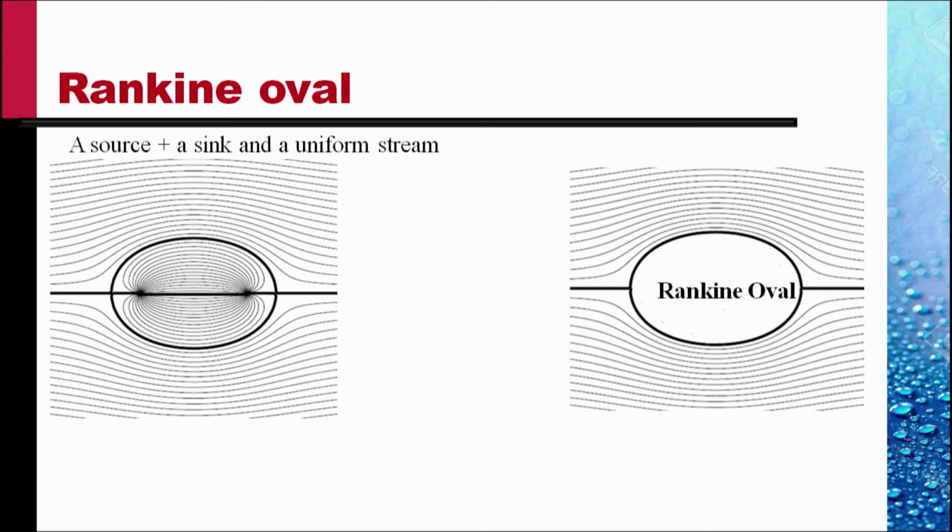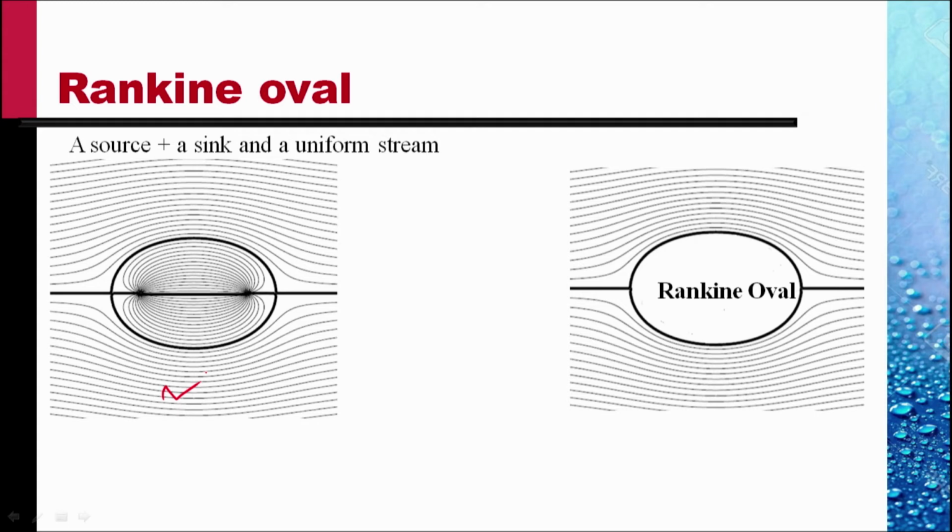While discussing potential flows, we have done flow over a Rankine oval, which was obtained by a source and a sink separated by a distance and immersed in a uniform stream. The pattern of streamlines was as shown here, and as was discussed, any streamline can be replaced by a solid surface.